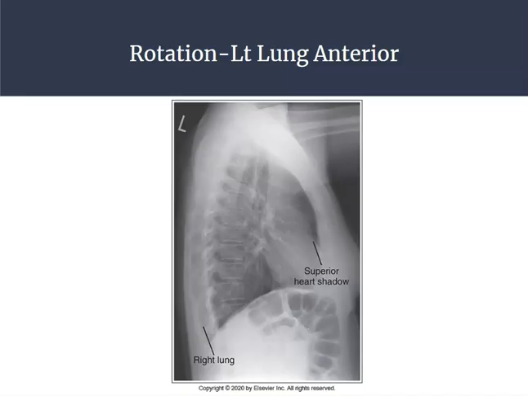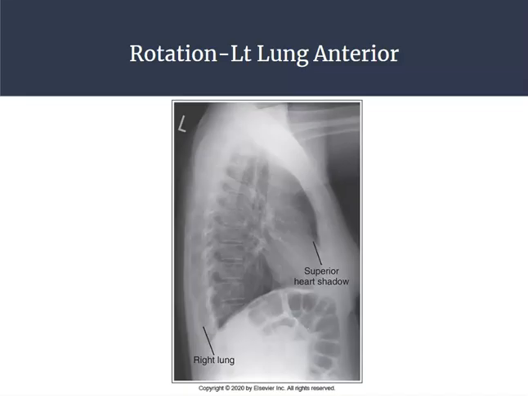When the left lung is positioned anterior, again, you can look for gastric bubbles, but in this case, we have a lot of gastric air and air in the colon here. So that may not always work for you. The next thing you can look at is the superior heart shadow.